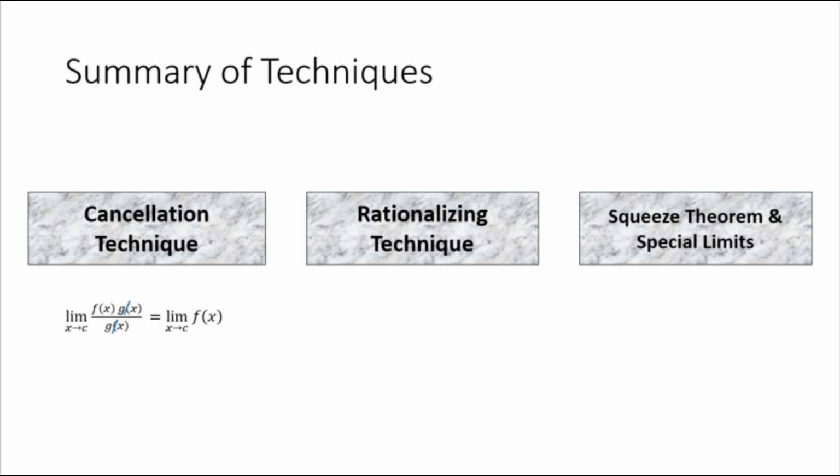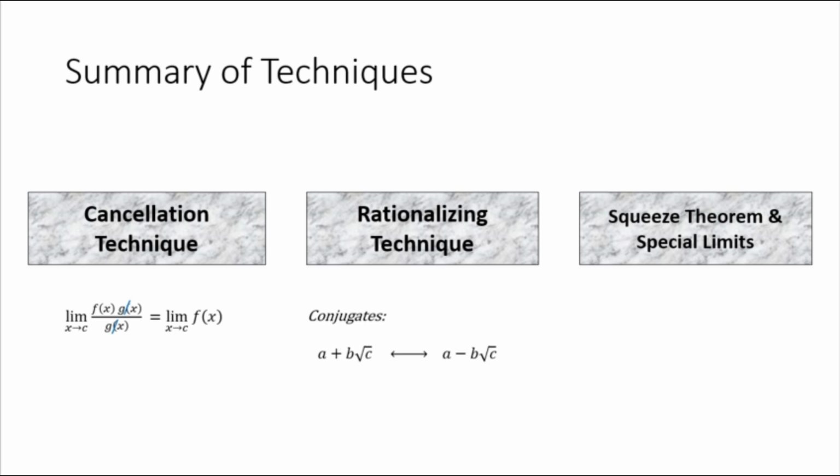In this case, we first need to do the process called the rationalizing technique that involves multiplying by conjugates and simplifying. And in so doing, the hidden factors will come out, making the cancellation technique possible again.